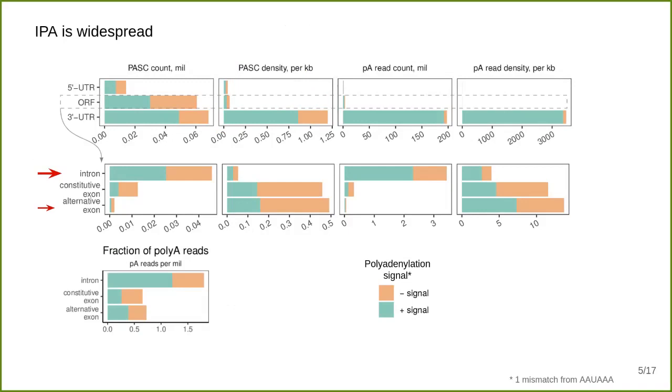Among them, more than 40,000 were located in introns. Moreover, fraction of poly-A reads, which can be a proxy for frequency of polyadenylation events, was highest in the intronic regions. All this data confirm that intronic polyadenylation is frequent and widespread.